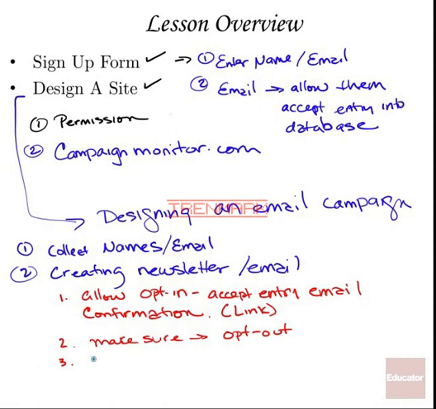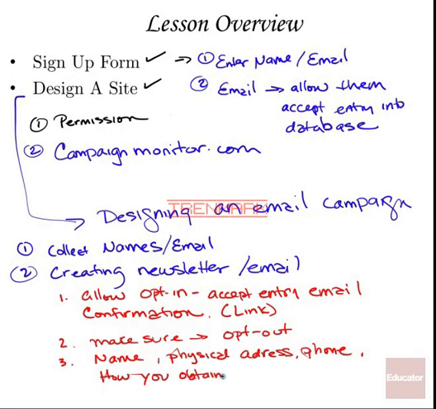Then, of course, you want to list your name, your physical address, and also your phone number. And I would also list how you obtained their info. These are the three things that'll keep you safe.